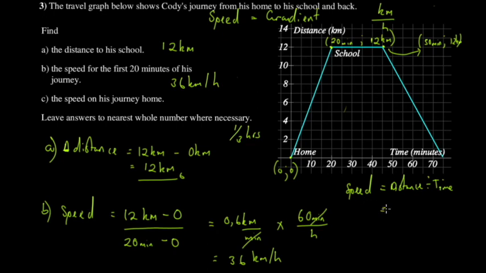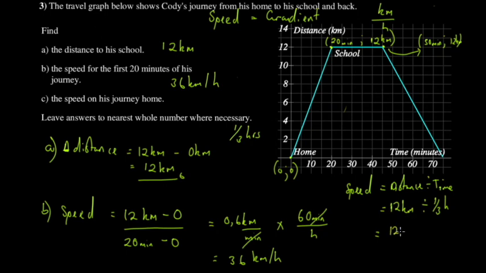So the change in the distance is 12 minus 0, so you get 12 kilometers here, divided by the time, which is 1/3 hour. If it's divided, then you can multiply by the inverse.